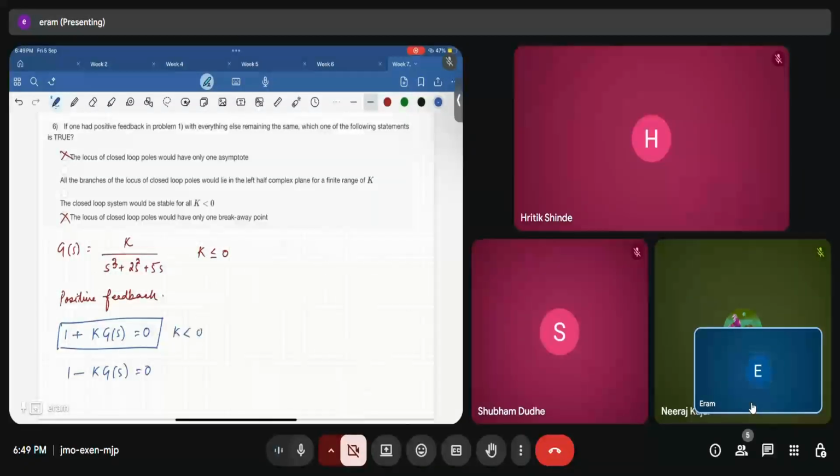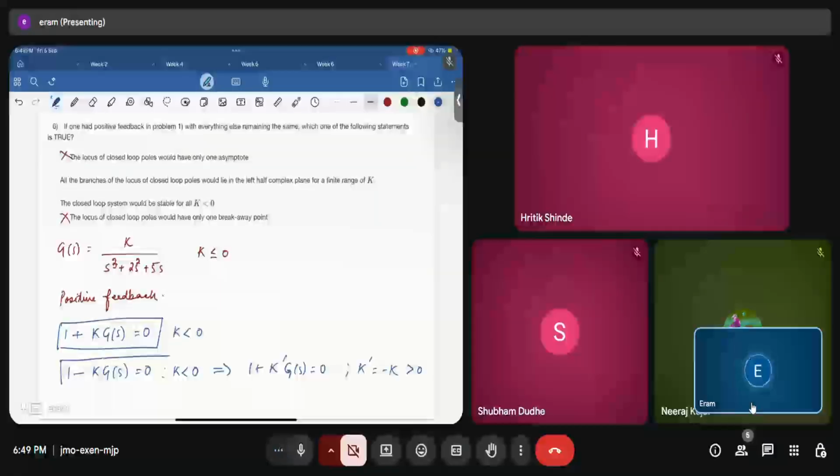Here k was negative. Now can we write it as 1 plus k dash G(s) equals 0, where k dash is equal to minus k and this is greater than 0?